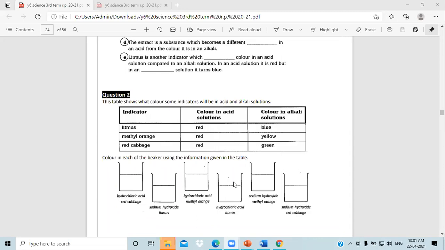Raise your hand. Okay. Yes, Mariam? Hydrochloric acid with the red cabbage. It will turn what?